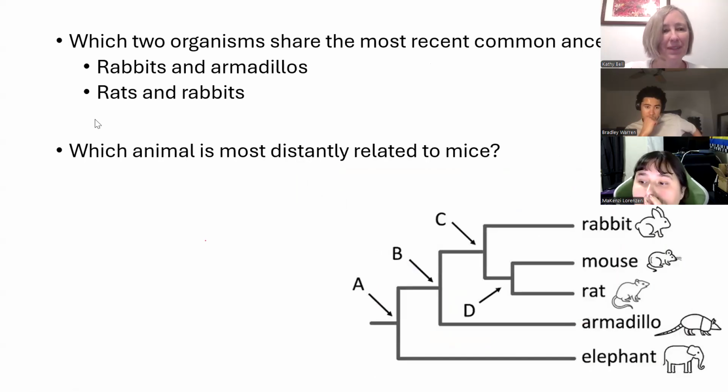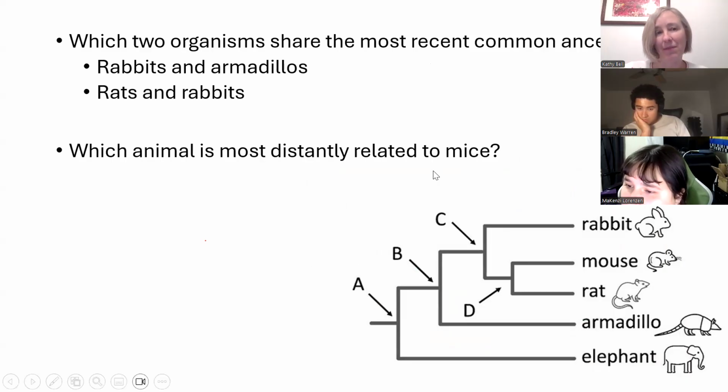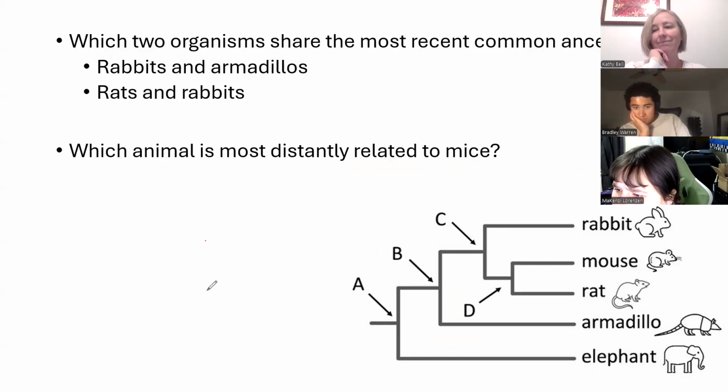Okay, so this one. Which two organisms share the most recent common ancestors? So we have a choice of rabbits and armadillos or rats and rabbits. Rats and rabbits. Okay, so if we work our way back, we've got the rat here.